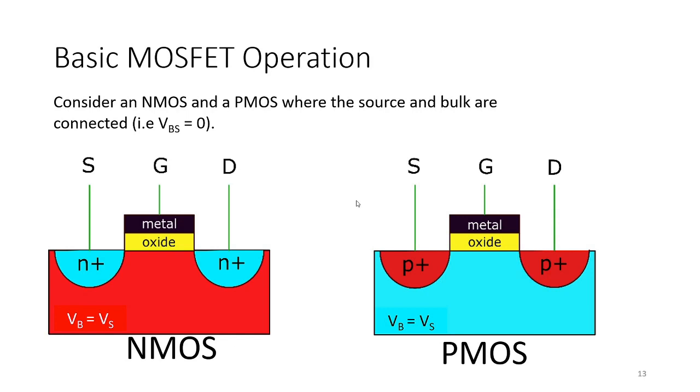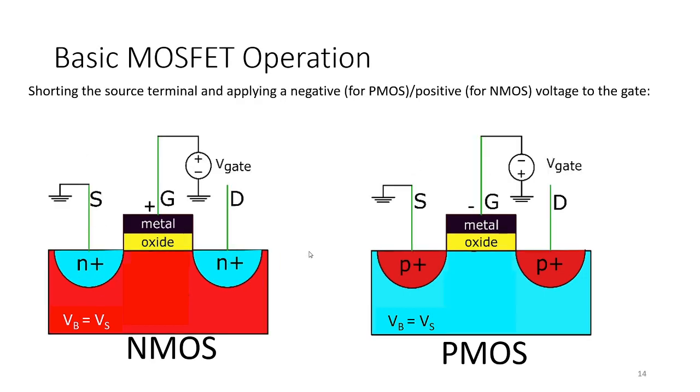So how does a MOSFET operate? In order for us to understand this, let's consider an NMOS and a PMOS where the source and bulk are connected. That means the voltage across the bulk and source is 0, so they're shorted. Shorting the source terminal and applying a negative voltage for a PMOS and a positive voltage for the NMOS to their respective gates, shown here.